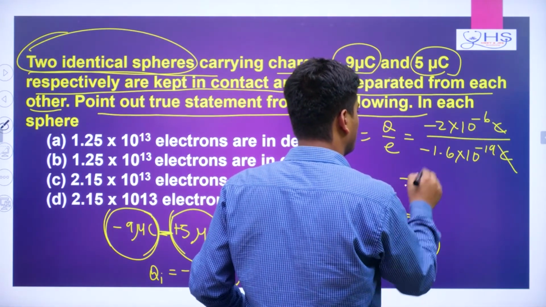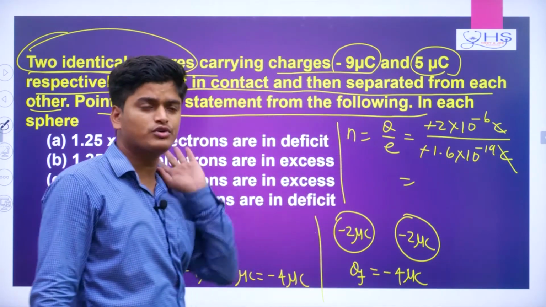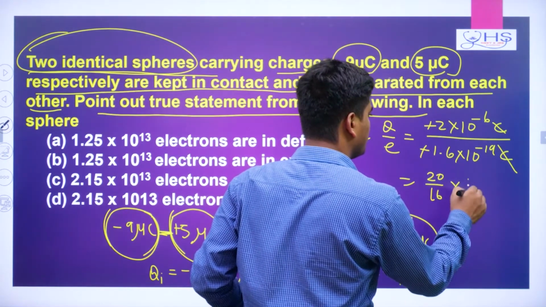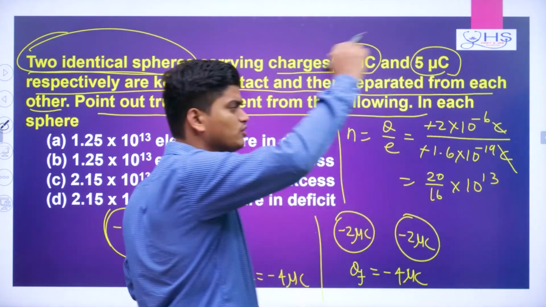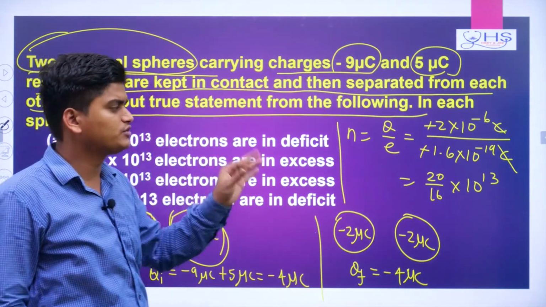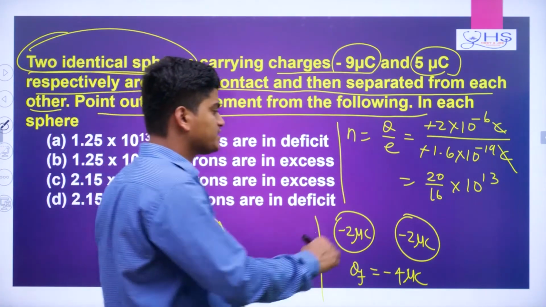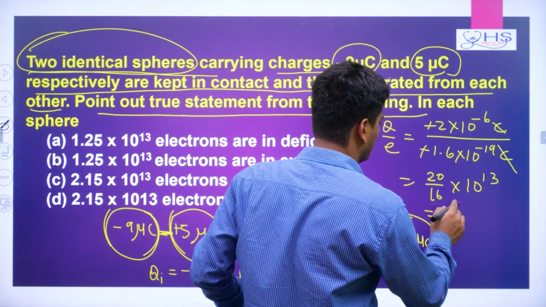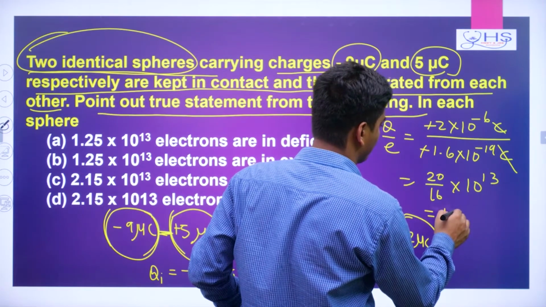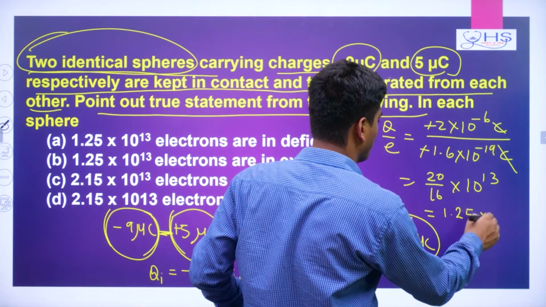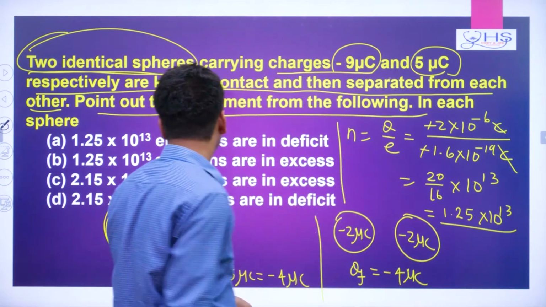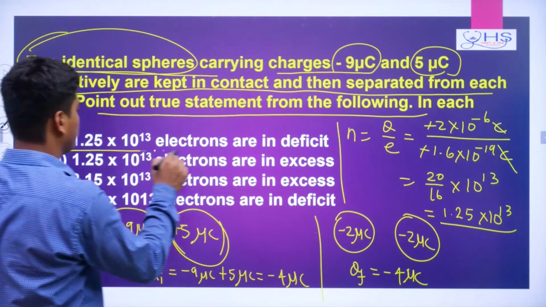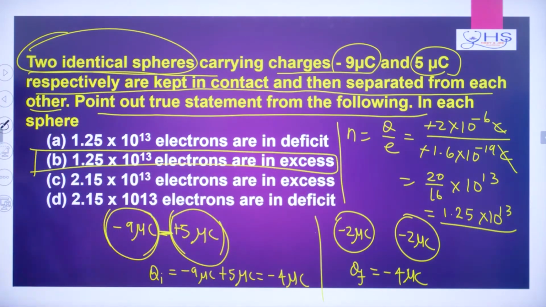Coulomb cancels. The negative can cancel, because n will always come positive. So it is 20 by 16 into 10 to the power 13, because minus 6 plus 19 gives 10 to the power 13. 20 by 16 is around 1.25, so 1.25 into 10 to the power 13 electrons are in excess.